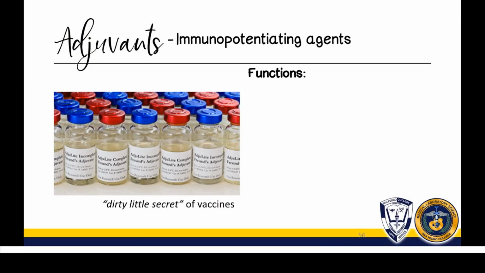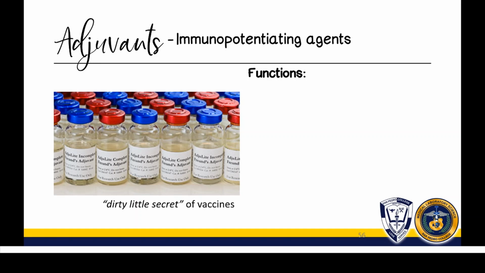Okay. Adjuvants. Now, adjuvants are referred to as the dirty little secret of vaccines. Adjuvants are immunopotentiating agents, meaning they enhance the immune response against a certain immunogen. The vast majority of modern vaccines do not work unless they contain adjuvants.